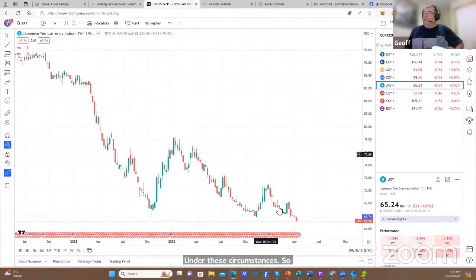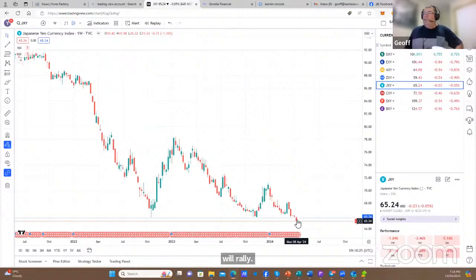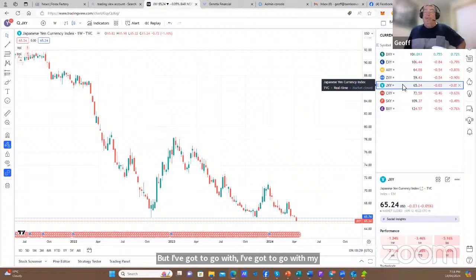So the yen, although it has broken support, fundamentally it potentially will rally. But I've got to go with my technical analysis, and my technical analysis says the yen is still weak. So I wouldn't be wanting to place anything bullish the yen right now. I'd prefer to be bullish the yen than I would the Kiwi.